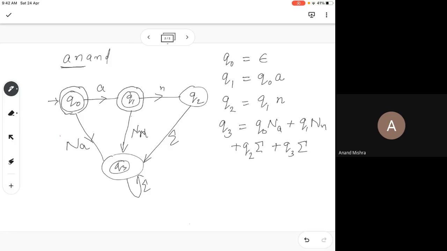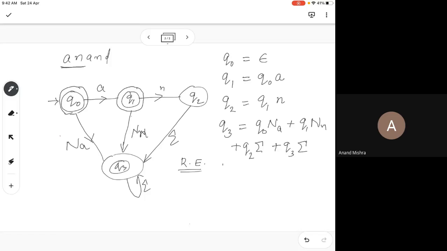So this is Q3, and then how do you represent this as a regular expression? Now we need to represent each of the final states and then take a union of that, right?